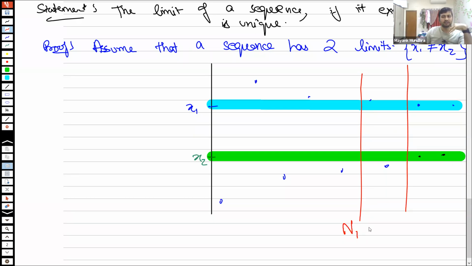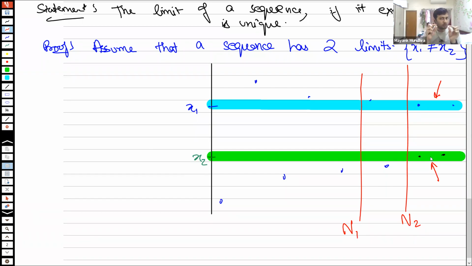Let's say this number is n1, this number is n2. But there is going to be no band which contains all the numbers. Maybe half of the numbers are here, half are here. But what I want is that everything should be in this band after some point.